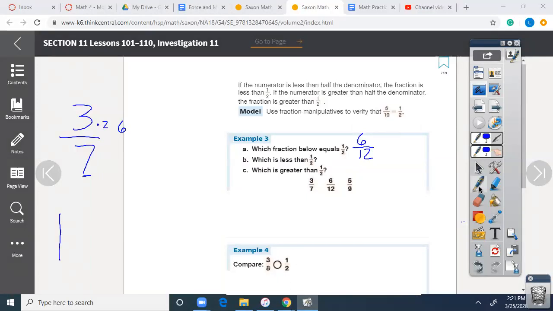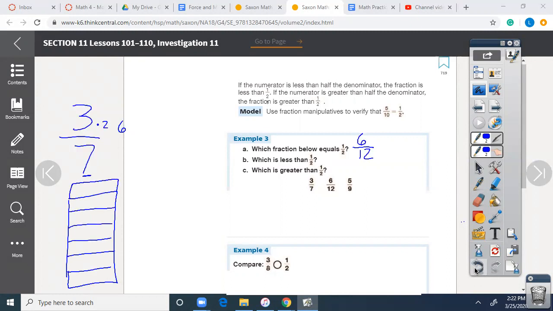We've got to do it a different way because 7 is an odd number. All right, let's do it like this. This has 1, 2, 3, 4, 5, 6. Oh, wow, great picture. So we have 3/7. 1, 2, 3. If that was 1/2, then that means we could color in 3 more and it would equal the whole thing.